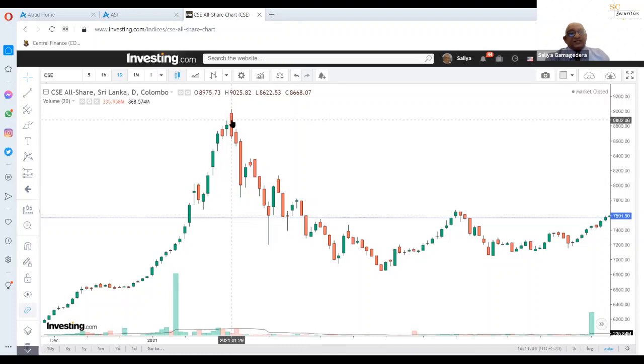On this one, you can see the open value is 875.73, high is 9025.82, low is 8622.53, and the close is 8668.03. That is how you read specific candles.